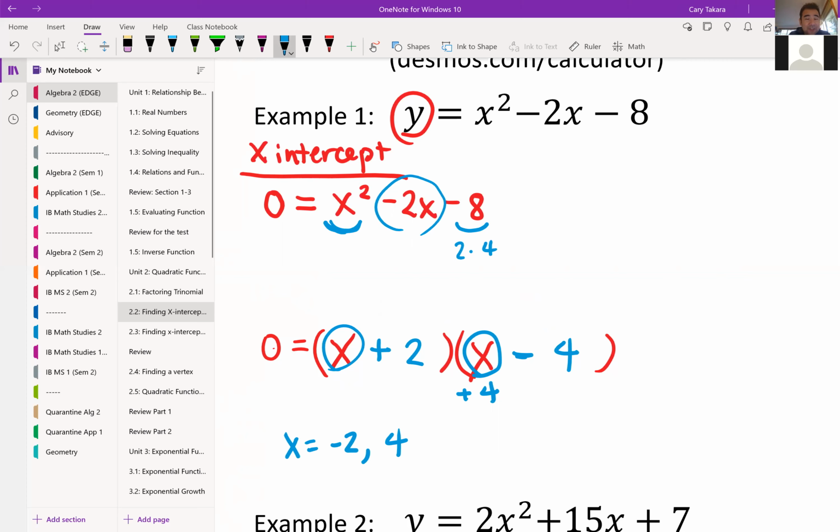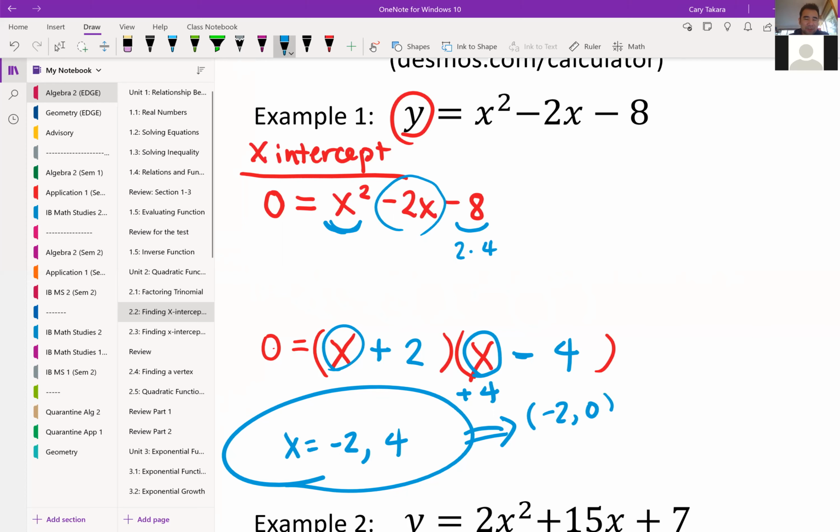So you just found two x-intercepts, and that will be enough. If you want to present them as coordinates, it will be negative 2, 0 and 4, 0. So there are two solutions.